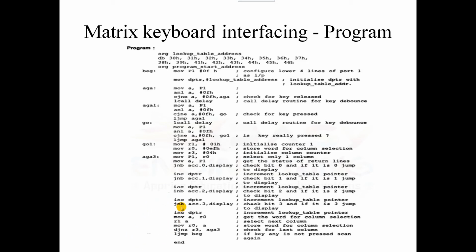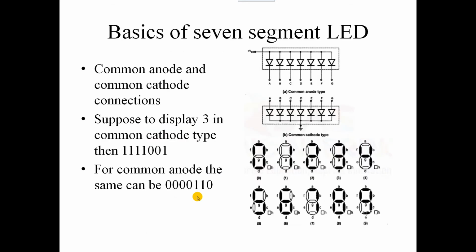By decrementing R3 for the 4 consecutive executions of the loop, we will be checking all the 4 columns of that particular key. By checking the 4 columns, and eventually each and every port number 1 pin, we will be getting the keys scanned, and whether we are getting the correct scanning of the particular key press. So that is the logic behind this particular program.